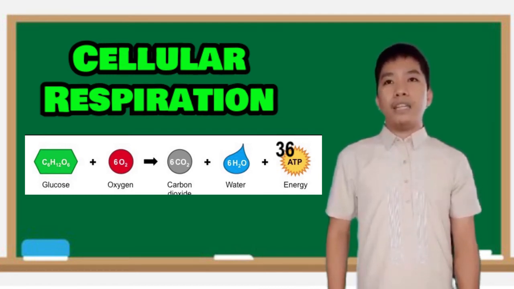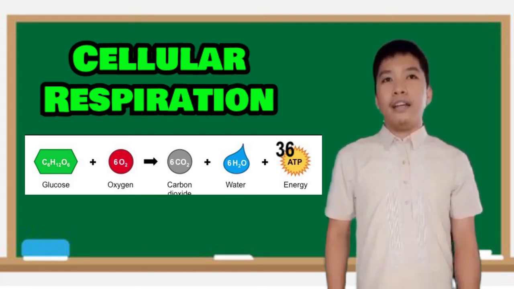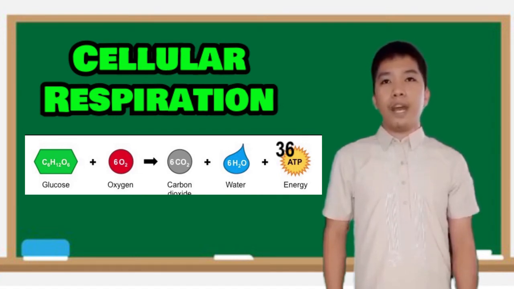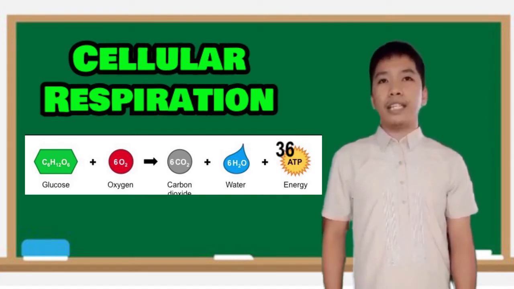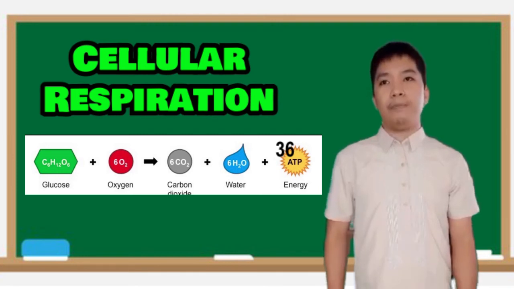Glucose combined with 6 molecules of oxygen will yield 6 molecules of water, 6 molecules of carbon dioxide, and 36 ATP or the adenosine triphosphate in the form of energy. In this process, molecules of water and carbon dioxide are released as waste products. This series of reactions produces 36 molecules of ATP.